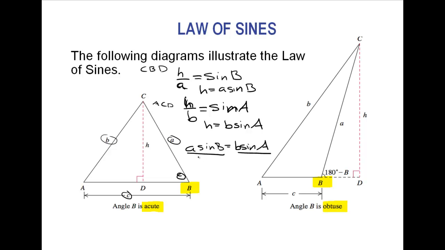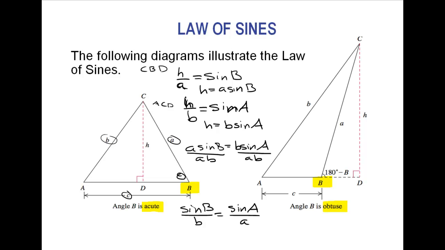Since they're equal, we can do operations to both sides, so we can divide both sides by AB. The B's cancel here, the A's cancel here, and we get sine of angle B over side b, lowercase b, is equal to sine of angle A over little a.